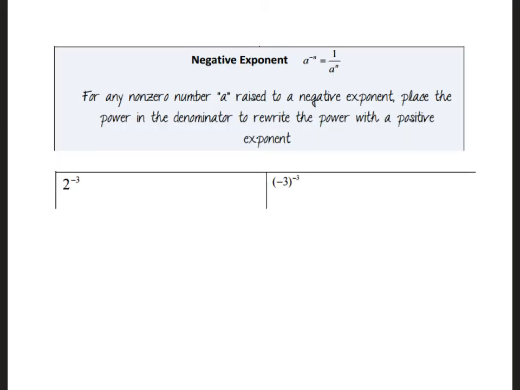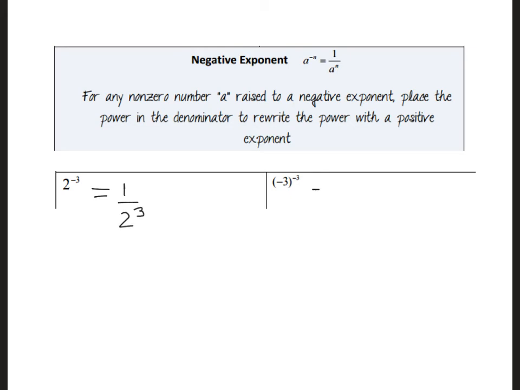Okay. Now let's go to a negative exponent. Whenever you have a negative exponent, you want to make it positive. And the way to do that is to write the reciprocal of it. Let's do some examples. If I have this one, this is going to be 1 over 2 raised to power 3.